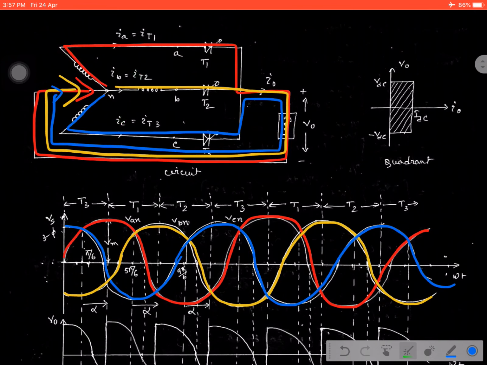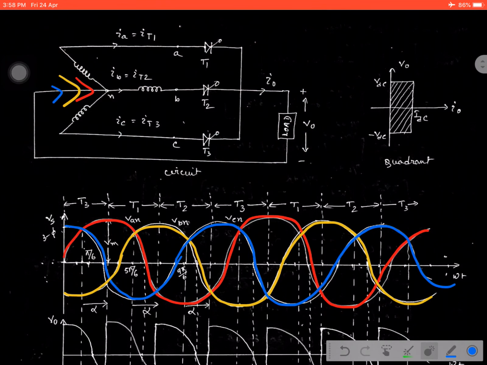One more thing, as I have said before, once we are using the inductive load, during conduction the inductor will charge, and when the switch stops conducting, the inductor tries to discharge. So first consider one thing, when T1 is fired, what happens?